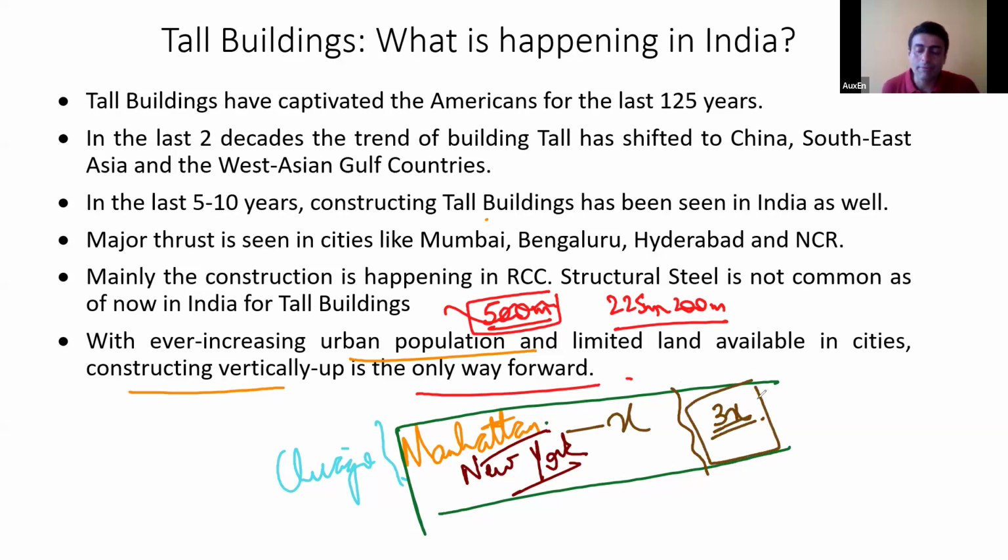This is huge. That means Manhattan has already tripled its area just by adding taller and taller buildings in its geography. It has been able to create a 3X area out of an available X area. Are you able to understand?